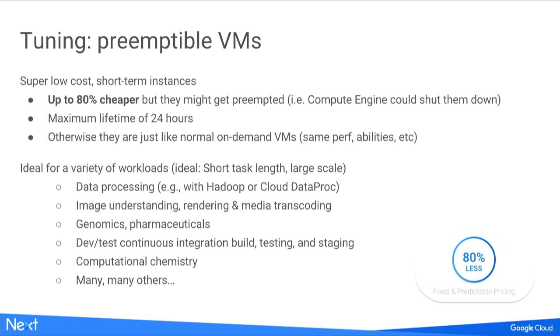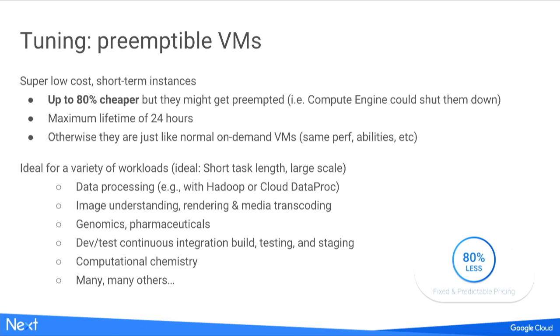Finally, I also want to talk about preemptible VMs. The idea with preemptible VMs is to offer a product that is as low cost as we can make it and optimized for short-term workloads. If you have a large-scale, fault-tolerant workload that can withstand a few of its workers shutting down without losing too much of your overall work, then that's probably a job that is really ideal for preemptible VMs.